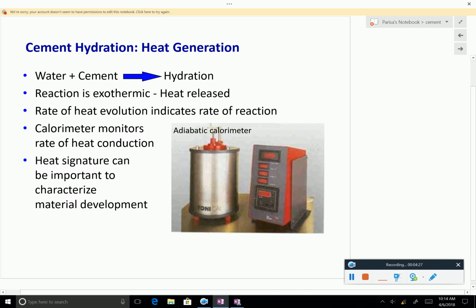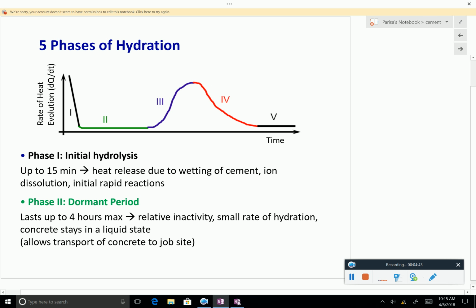We talked about heat generation last time, that cement hydration is an exothermic process, meaning that it generates heat, and you saw that in the lab you can measure this heat generation, and I hope you all remember this curve in the video.